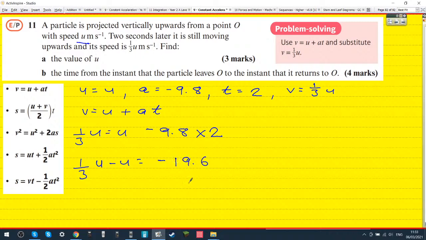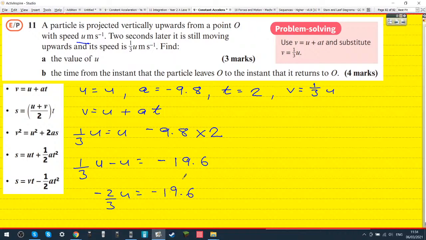And then can you times by a third on both sides? What is a third u minus u? Minus a third u. Put into calculator a third minus 1. Minus 2/3. Yep. So it's minus 2/3 u.